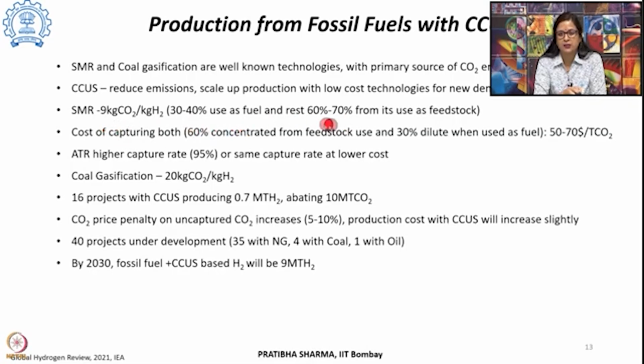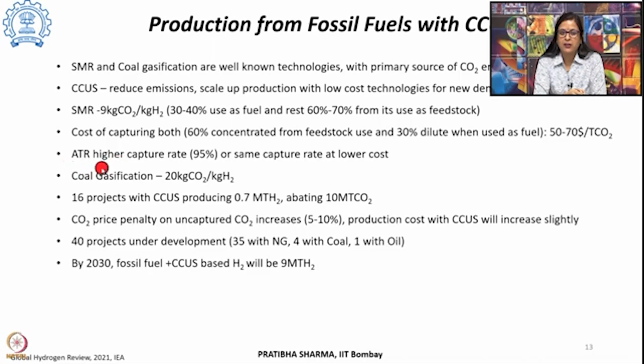The rest, 60 to 70%, comes when it is used as feedstock, in the product gas stream, which is more concentrated. If we capture at both the fuel end as well as the product side, 90% capture is possible, and for that the cost will be $50 to $70 per ton of carbon dioxide captured.